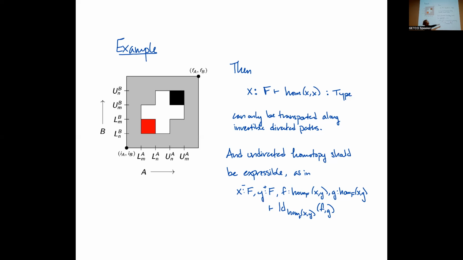Which we are also talking about, in some cases, undirected homotopy and wanting to be able to transport along undirected homotopy. So we have these two new notions of transport, which I'm going to annotate with an X, for ones that can only be transported, almost never really, only along invertible directed paths, and ones that can be transported always along all undirected paths.